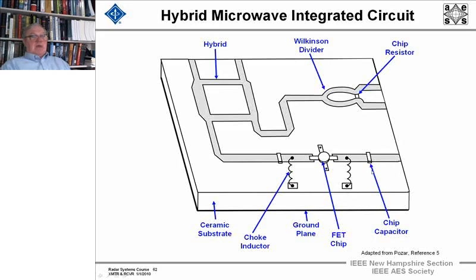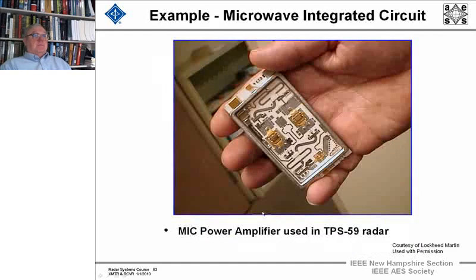And here's a chip capacitor. And here's an FET chip, a divider chip, a resistor chip. And here's a hybrid. So we have all sorts of different things we can integrate with microwave integrated circuits, putting pieces on a ceramic substrate with a ground plane.